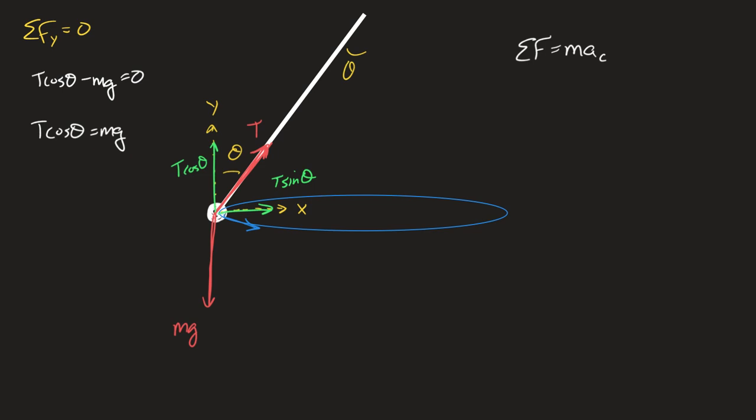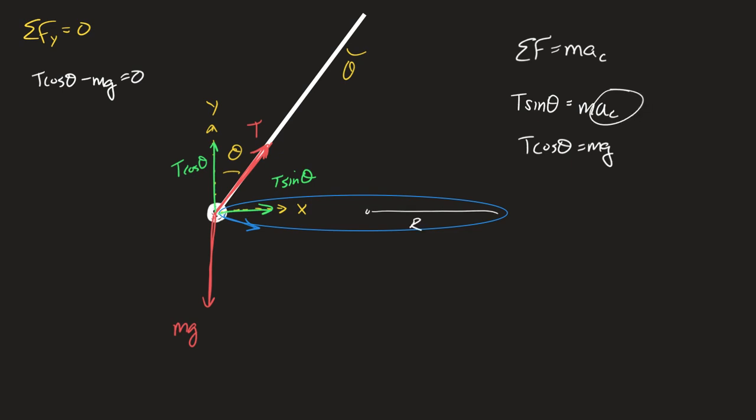Over here, I have T sine theta equals mac. Well, this is how you're going to figure out what the acceleration is. You need that, but you also need to figure out what this radius is, because that's here.